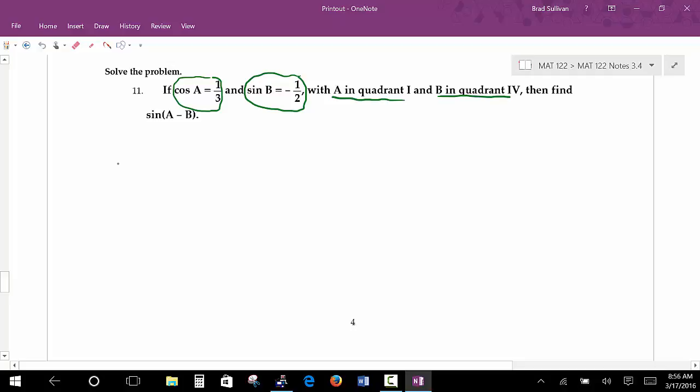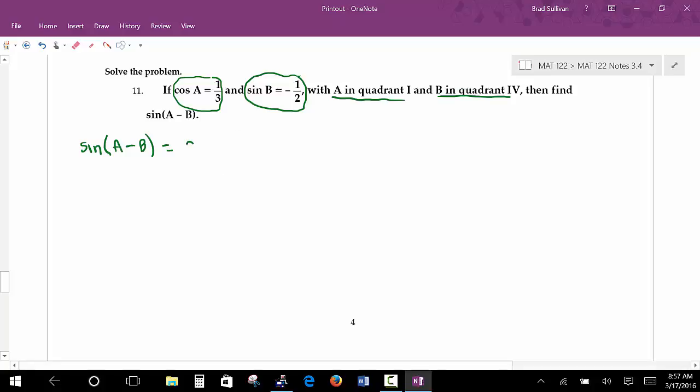The question is, you want to find the sine of angle A minus angle B. And you don't have to figure out what A and B are. It doesn't matter. You can do this problem analytically without even having to figure out what A and B are. In fact, the only way you could figure out angle A and angle B would be to use your calculator and do an inverse cosine and an inverse sine. But we don't need to do that.